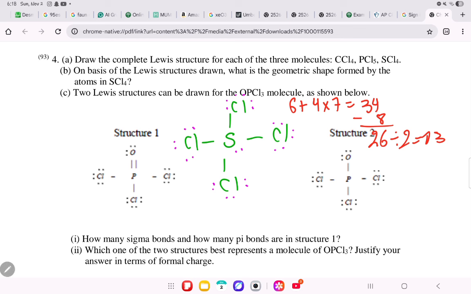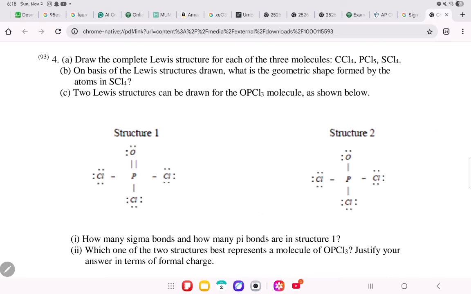Now, part B, on the basis of the Lewis structure drawn, what's the geometric shape formed by SCl4? SCl4 is AX4E. And what's the structure of AX4E? AX4E is a seesaw, right? A seesaw. Is there another name for it? No, only a seesaw. They want us to know that it's a seesaw, and that's it.